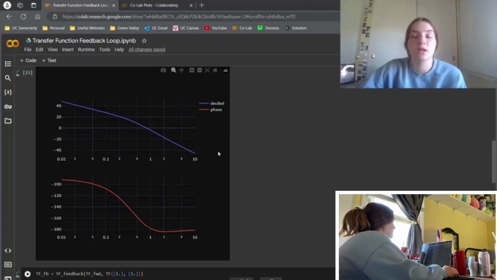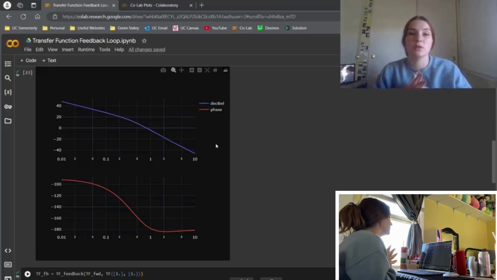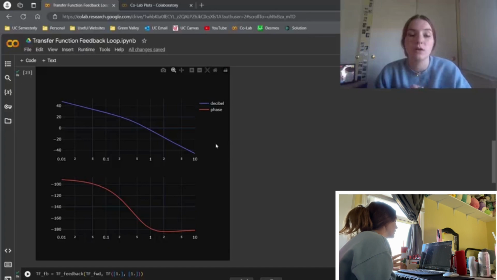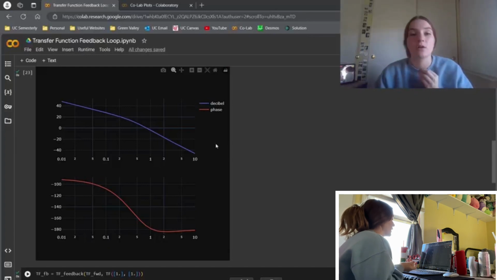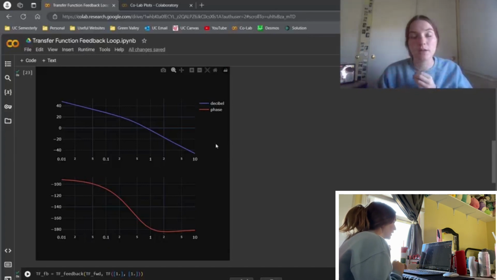The other key concept that I wanted to mention was our phase margin. To find the phase margin, you find where 0 is on the decibel plot, where our decibel value is equal to 0, and you find that radian per second value, or the omega value, and you take that omega value and find it on your phase plot.